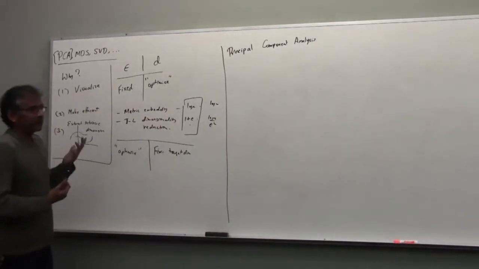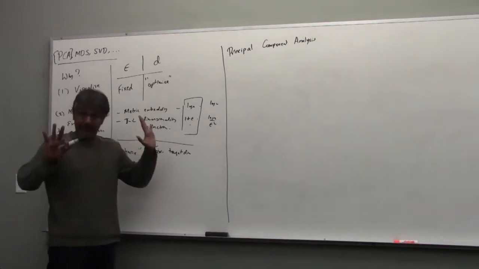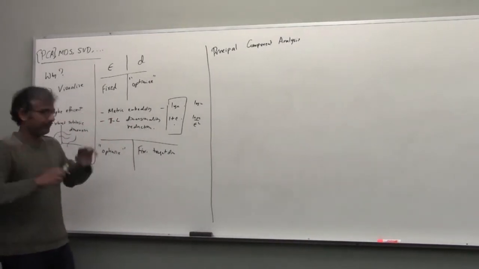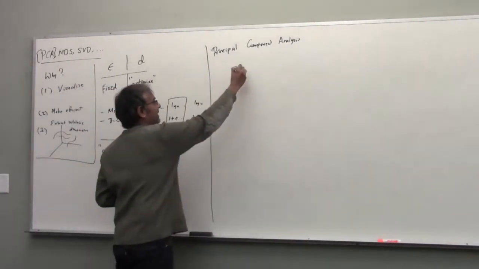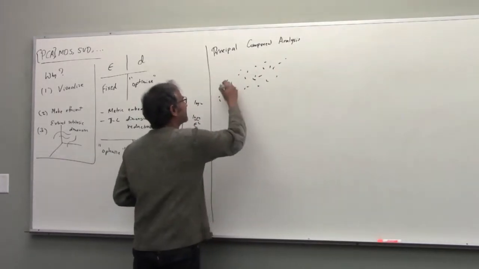So in principal component analysis, what you're saying is that I have a bunch of points, and they're in some Euclidean space. So we are not dealing with an arbitrary metric space yet. We will. But I have some points in Euclidean space that are scattered around the space. Let's say in some stylized rendering, they look something like this.